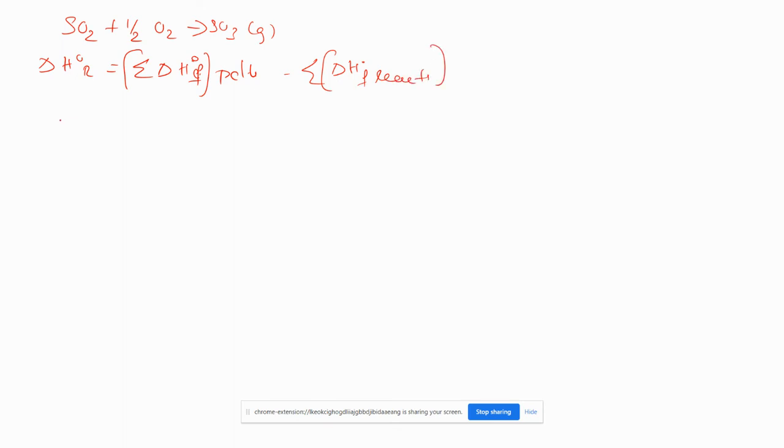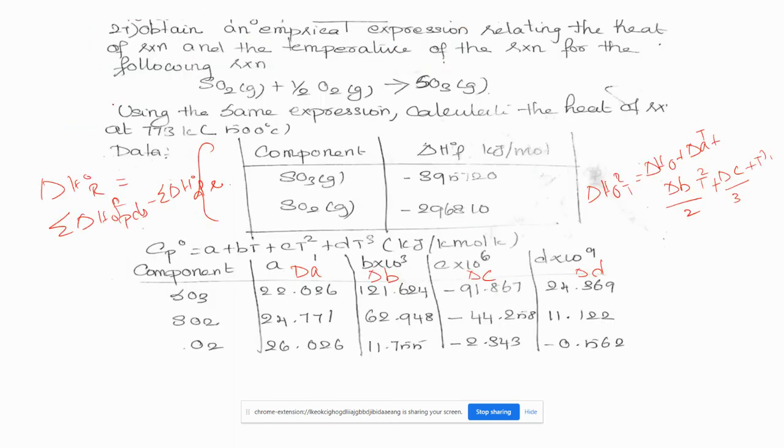We will do this first for the given reaction, SO2 plus half O2 gives SO3 gas. The number of moles we have to consider. O2 data is not given, so we take it as 0.